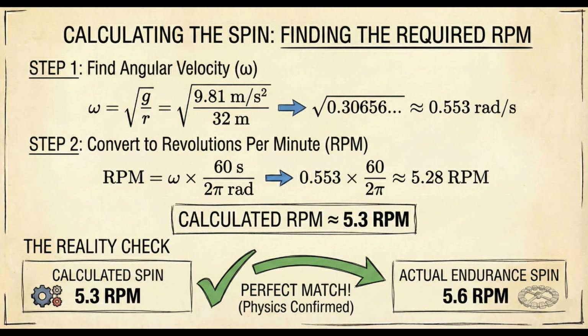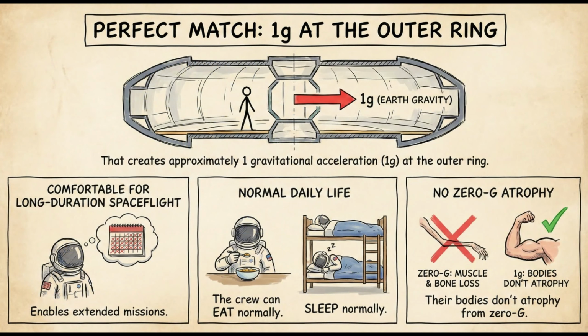Let's figure out how fast it needs to spin. After doing some calculation, shown on screen, we got the actual Endurance. It rotates at approximately 5.6 RPM. Perfect match! That creates approximately 1 gravitational acceleration, 1 g, at the outer ring.